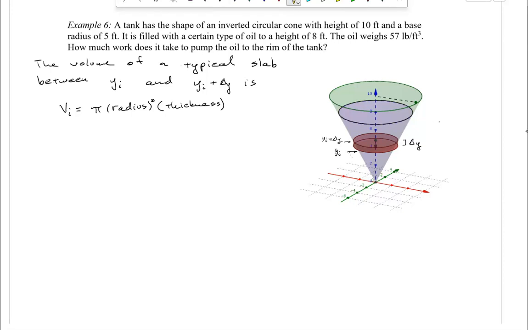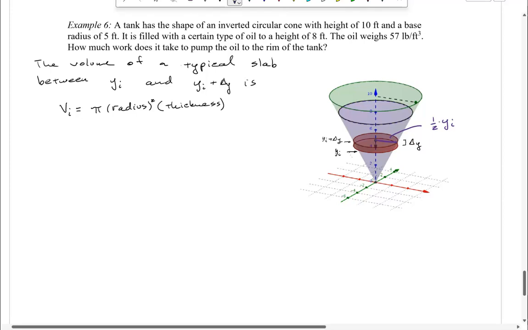From the question, they're telling us that the radius up here is 5, and of course, the height is 10. And so you'll notice that this radius is always 1/2 of the y value, in this case 10. That's how we're getting the 5. So even when we go down here, the radius right there is going to be 1/2 of y sub i because of similar triangles.